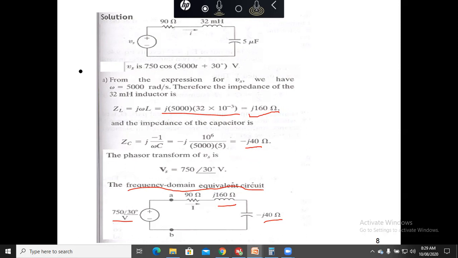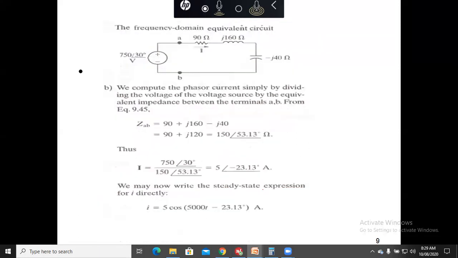The first step is to calculate the equivalent impedance. The equivalent impedance is 90 plus j160 minus j40, and we will get 90 plus j120, and that is equal to 150 at the angle of 53.13 degree.